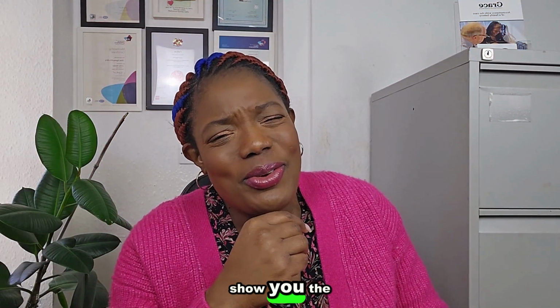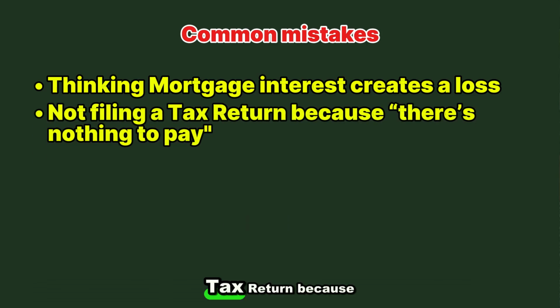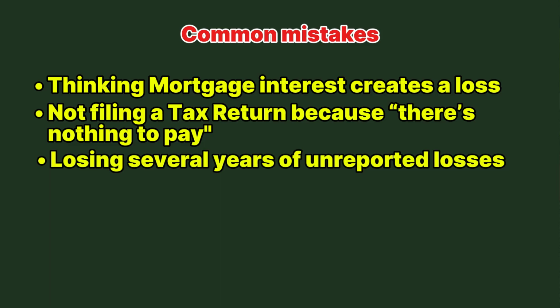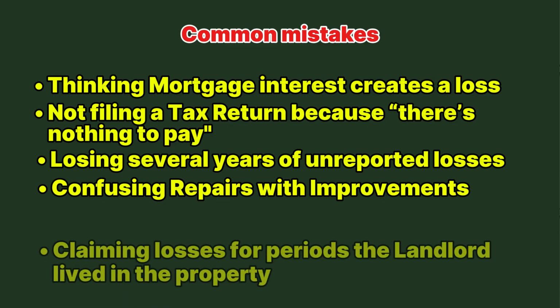Now let me show you the common mistakes. I see these often. Thinking mortgage interest creates a loss. Not filing a tax return because there's nothing to pay. Losing several years of unreported losses. Confusing repairs with improvements.